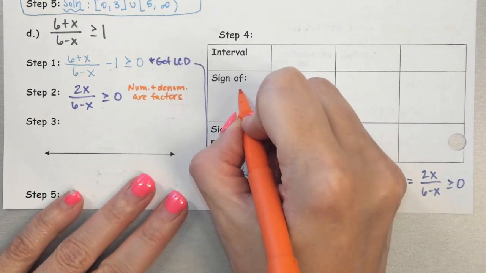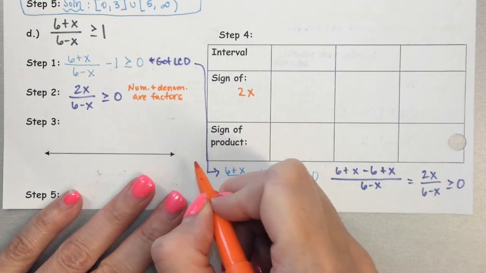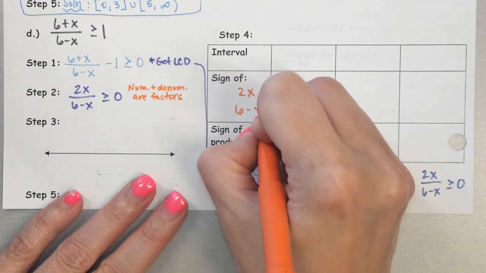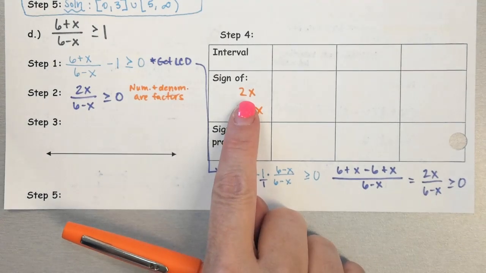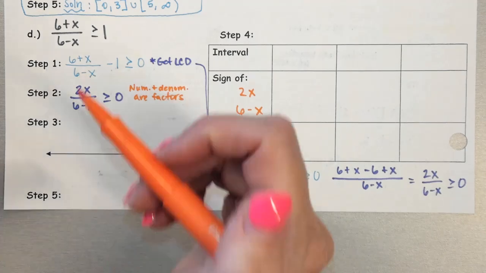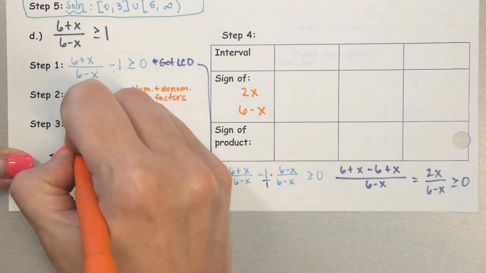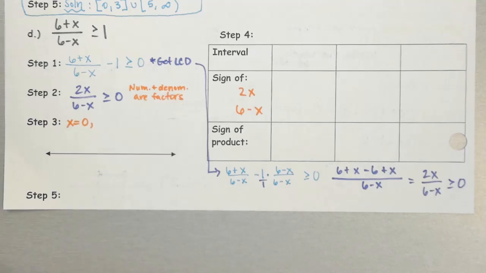So for the sign, it's going to be 2x, which is the numerator, and 6 minus x, which is the denominator. This one is a little different as well. If this is your factor, what could I plug in for x to make 0? 0. For the denominator, what would I plug in for x to make 0? 6.